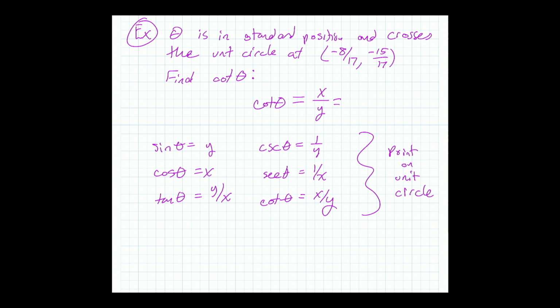Fill in the numbers. What's x? Negative 8 over 17. What's y? Negative 15 over 17. All right, so when you have a fraction over a fraction, remember how to do that. Negative 8 over 17 times, when you're dividing by a fraction, that's multiplying by the reciprocal. So this is what you have.